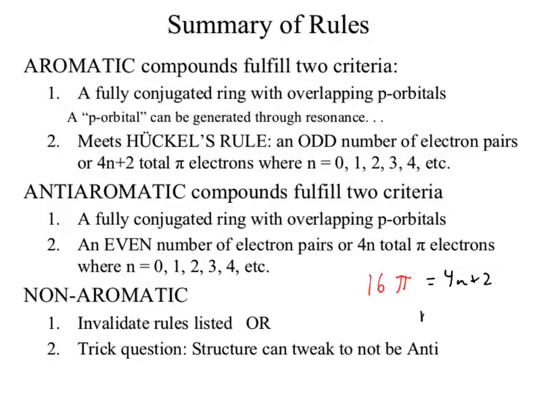The n would end up being equal to 14 over 4. I get 3.5, which does not belong to the set of integers, so it does not match Huckel's rule. So I would try it again with the other one, and I get n equals 4. That matches my anti-aromatic definition.